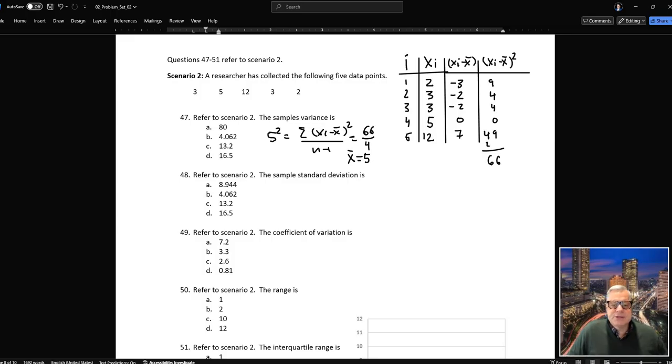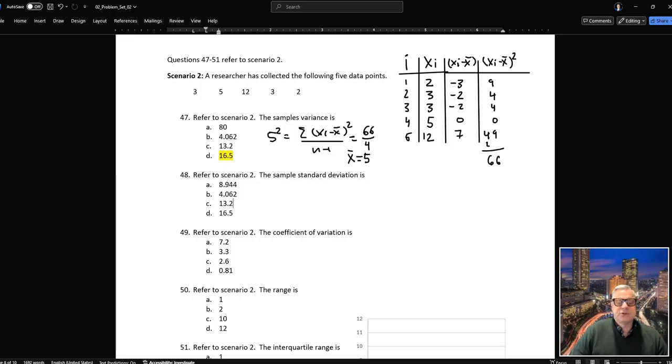So 66 over 4. So that gives us now a sample variance of 16.5, because 4 times 16 is 64 and 2 over 4 is 0.5. So 16.5.